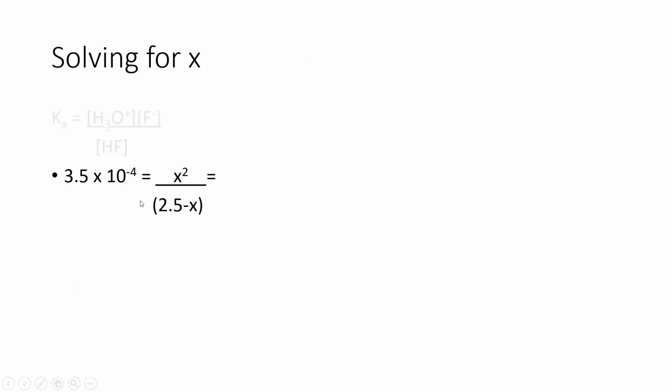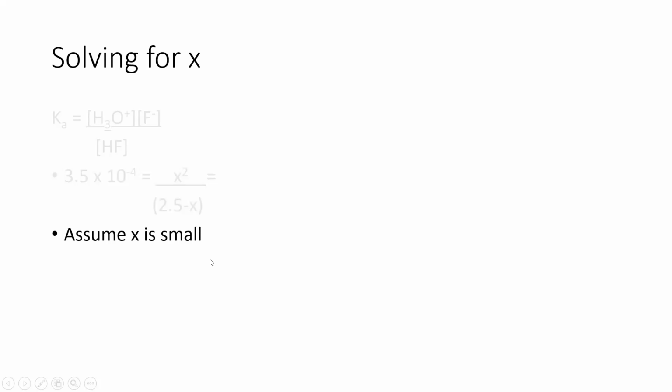Right? So we want to solve this. Now, we could solve this by distributing our numbers across the numbers in the parentheses here. We usually make the assumption, though, that this X is just so small compared to the 2.5 that it's not going to make much of a difference.